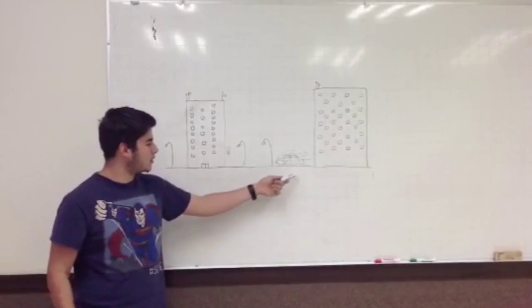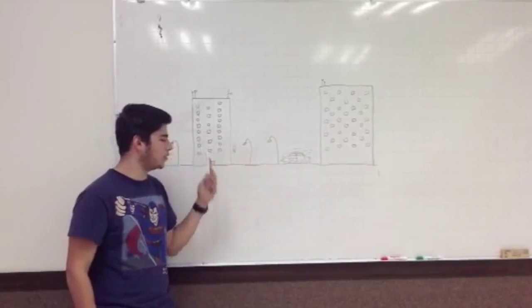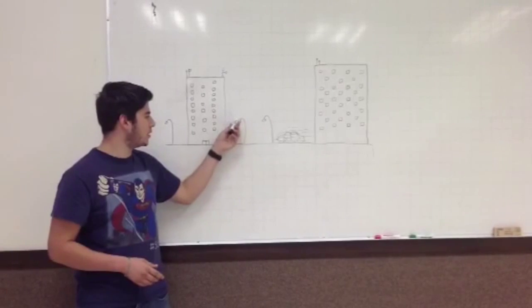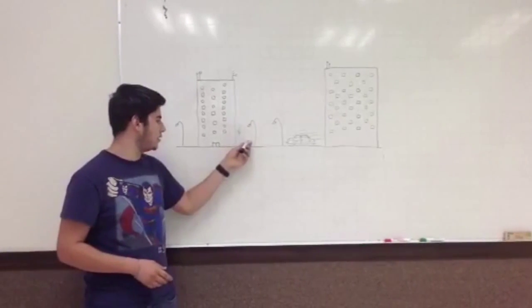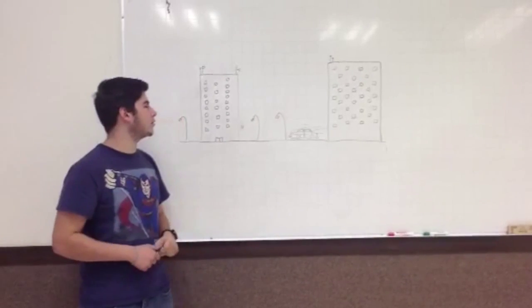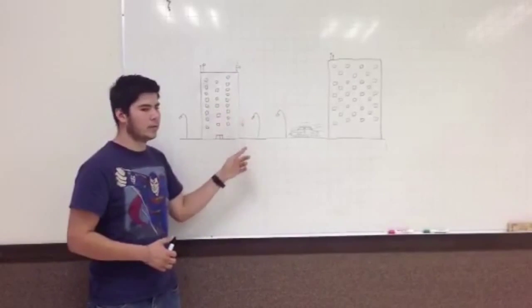We can also use physics to know how fast this car will go from this building to this one. We can also use physics to measure the electricity going through these lights and these lights. We can also know how long it will take for this guy to fall to the floor to die.